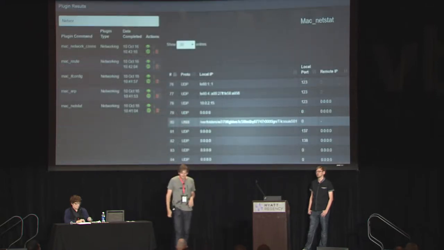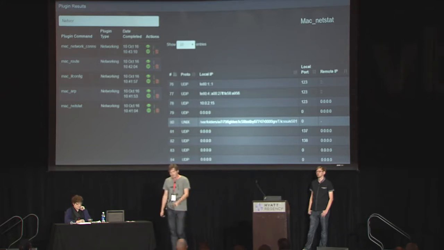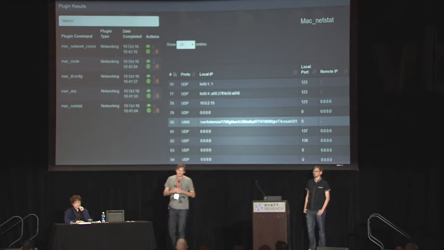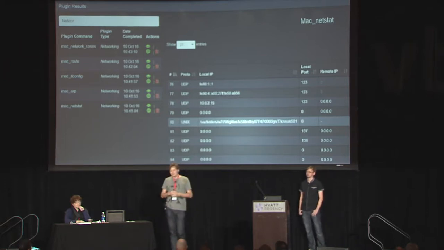Okay, let's start typing plugins connected with networking, and namely choose one called mac_netstat. Actually, the one highlighted row is an obvious false positive, and this is the obvious disadvantage of the Volatility Framework as a non-live tool. It's just seeking tags in the memory, so from time to time false positives arrive.